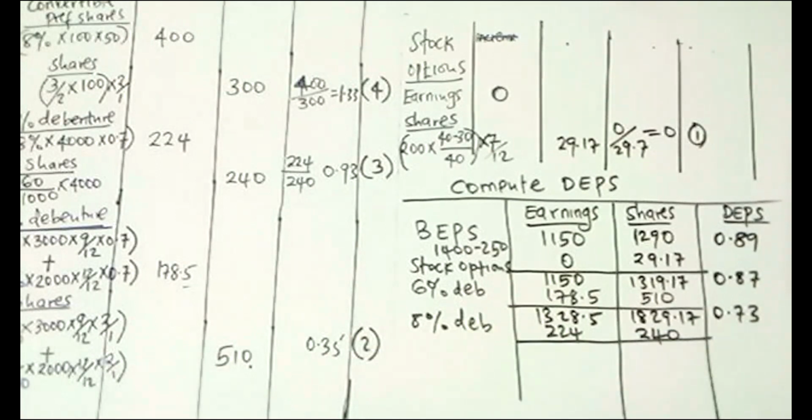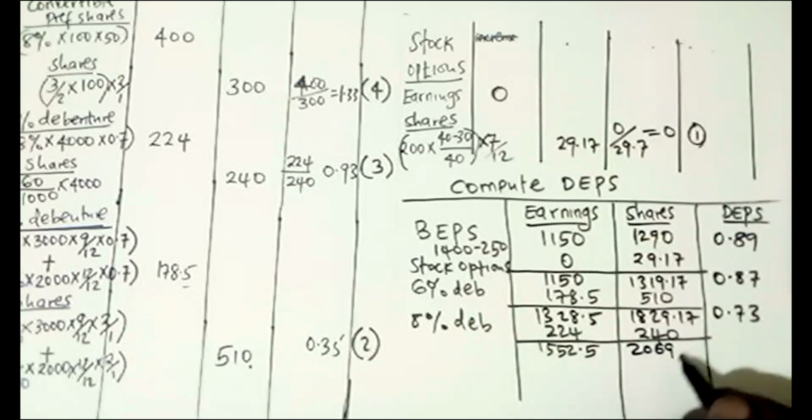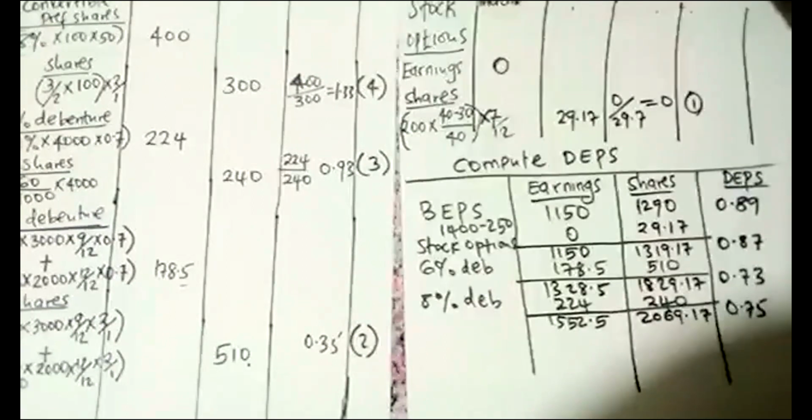You add, you divide. 1328.5 plus 224, 1552.5. 1829.17 plus 240, 2069.17. 1552.5 divided by the answer, 0.75.